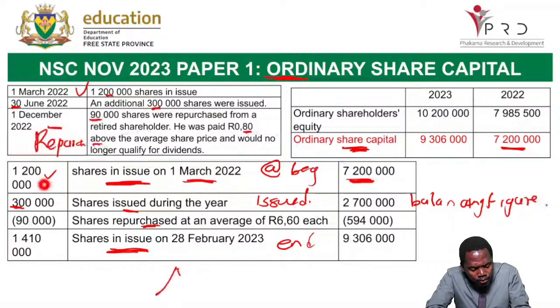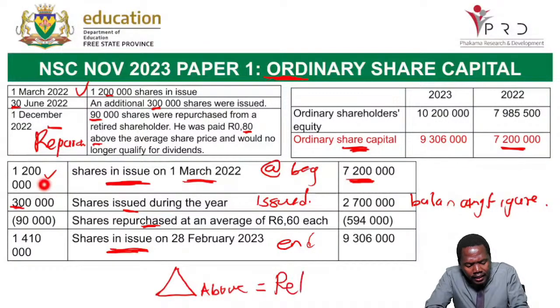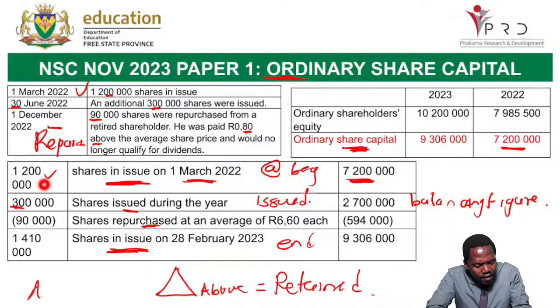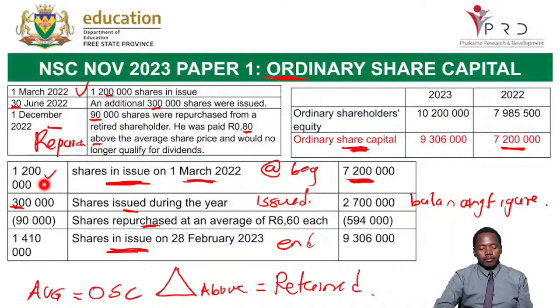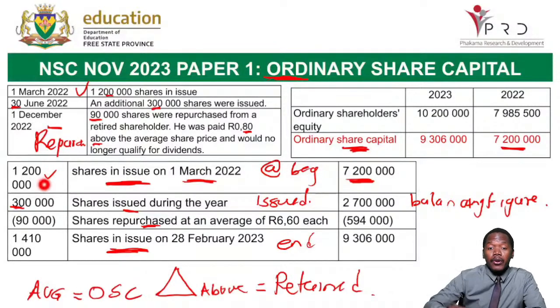Remember, once we say above, this above means the retained income, meaning it's an extra. Average means the ordinary share capital amount. So we know the retained income, we know the above amount.